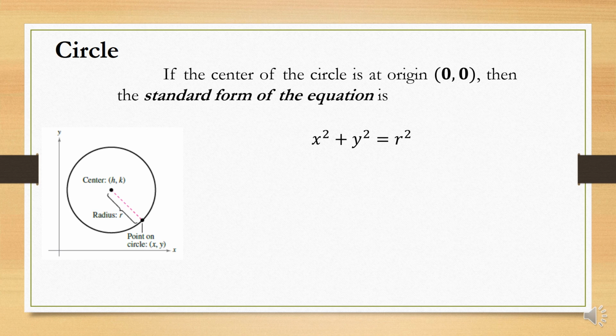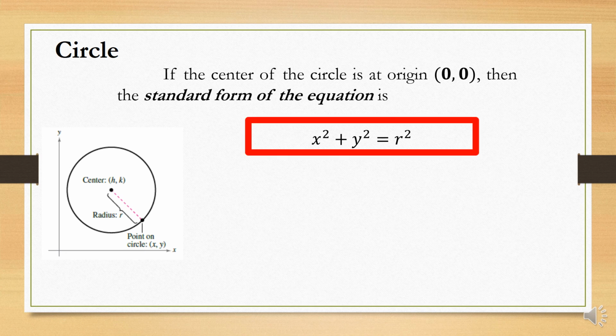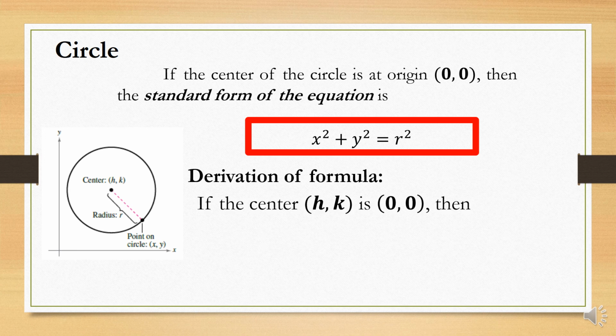Now, to derive this equation, let us use the previous standard equation of the circle. You have observed that the center of the circle is at the origin, therefore the value of h is 0 and the value of k is also 0.